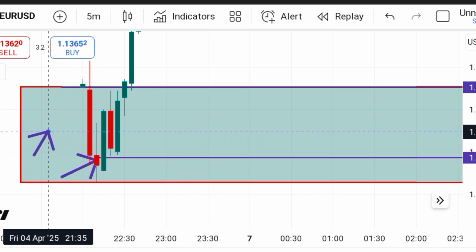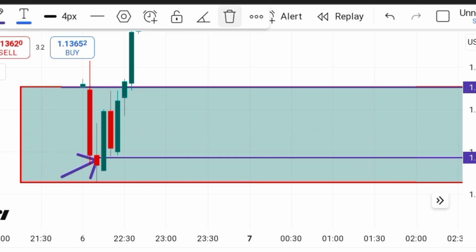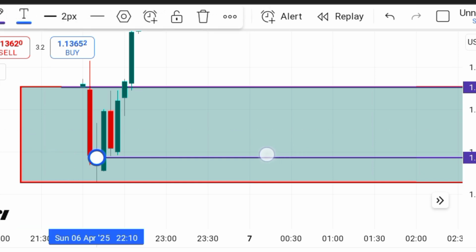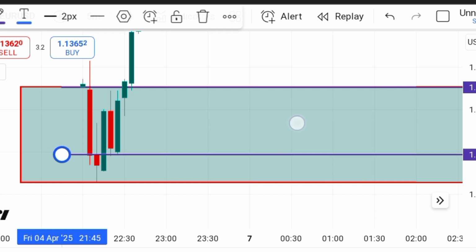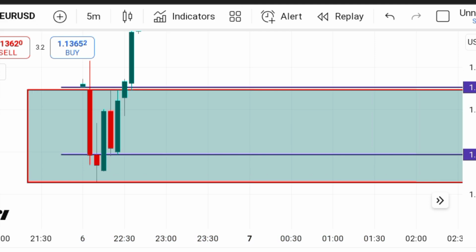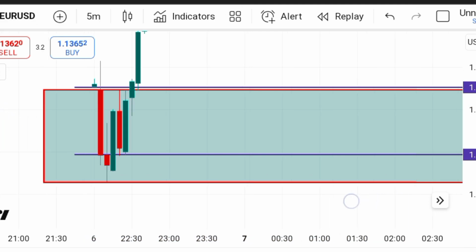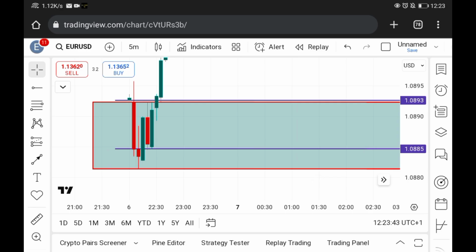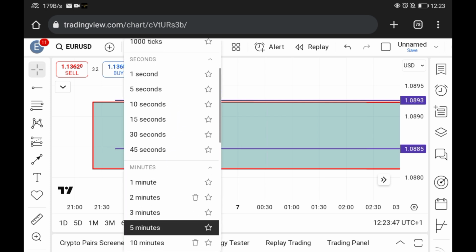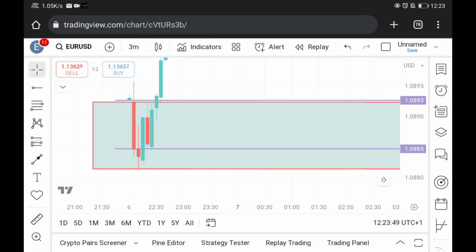But I have to go with the last bearish candle, which happens to be that one. So I have marked the last bearish candle. So let's go to our 3 minutes. The last bearish candle on our 3 minutes will be where we are going to be waiting for our entry.